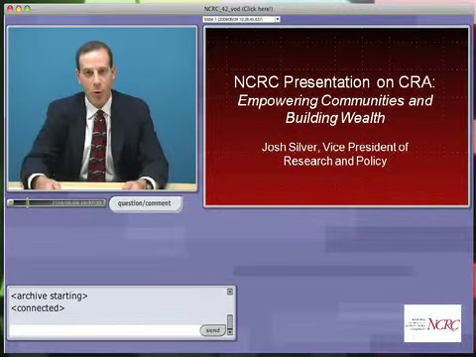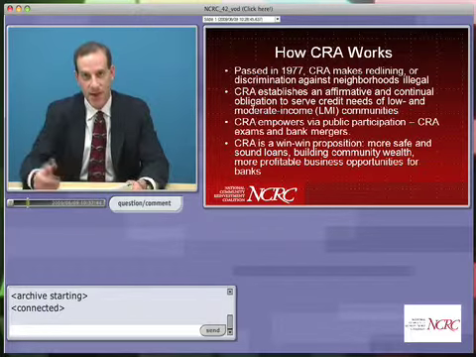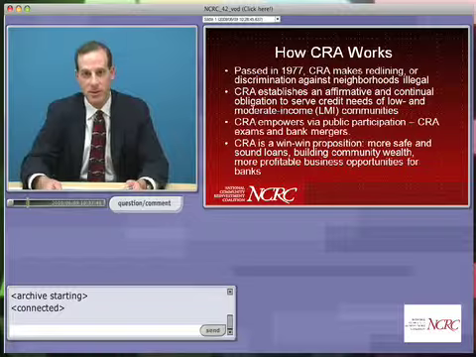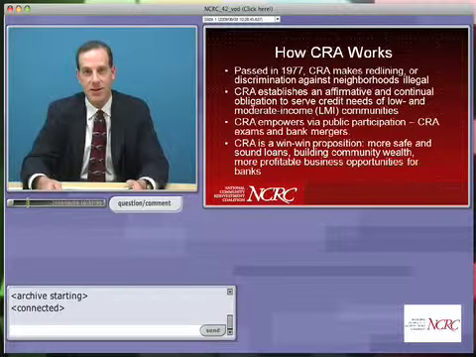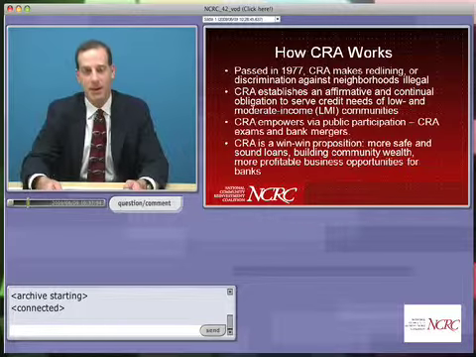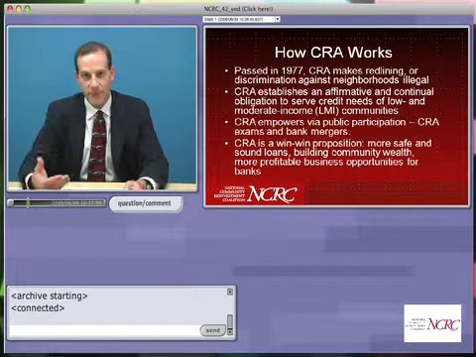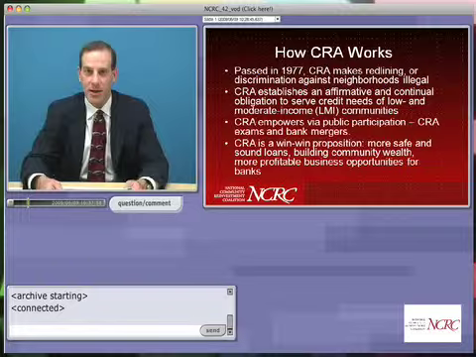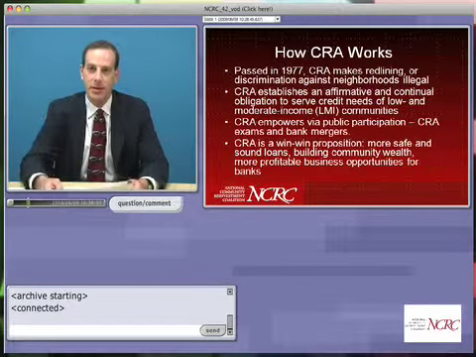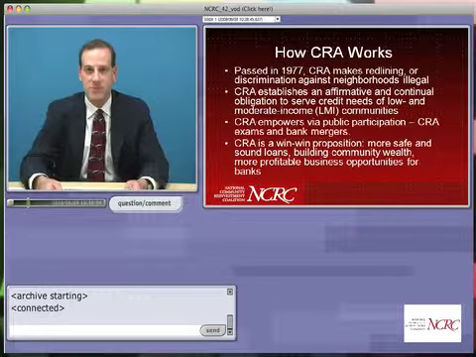We advocate before Congress and the federal banking agencies to strengthen the laws against discrimination in lending and also strengthen the Community Reinvestment Act that imposes an obligation on lenders to serve communities consistent with safety and soundness. And this seminar is about the Community Reinvestment Act. As well as advocating before Congress, we advocate before the federal regulatory agencies to make sure that the regulations implementing the law are as strong as possible.